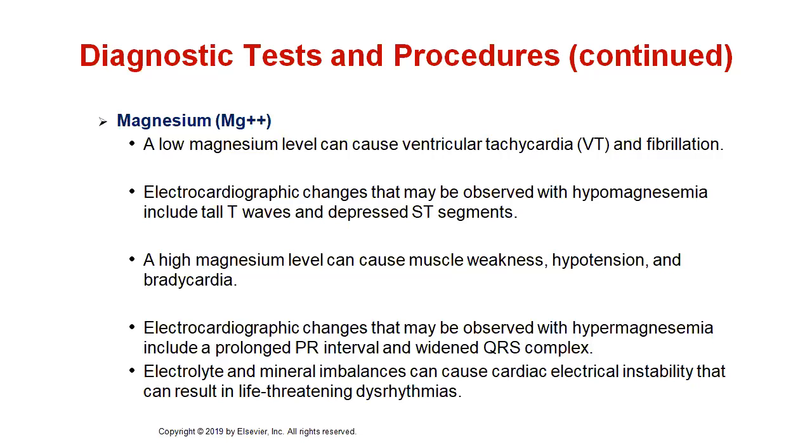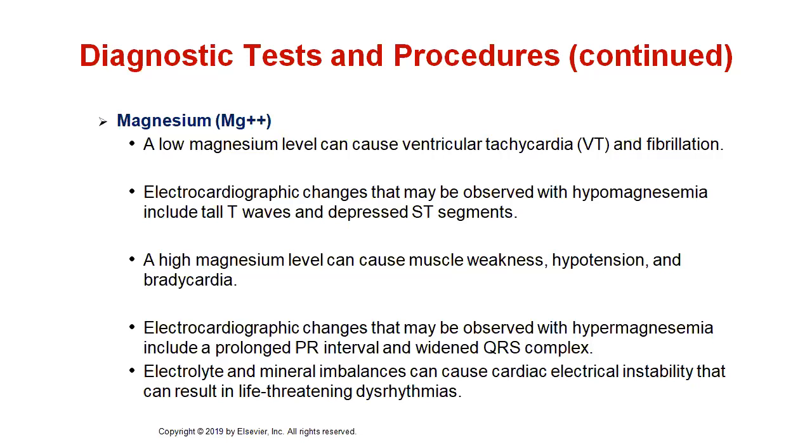Some medical conditions like renal impairment, diabetic ketoacidosis, dehydration, hypothyroidism, or some endocrine disease like Addison disease can cause hypermagnesemia. If a patient has a high magnesium level, they develop some signs and symptoms.